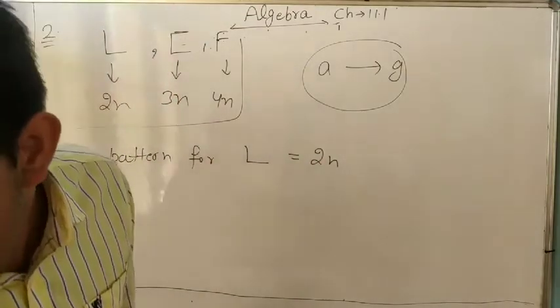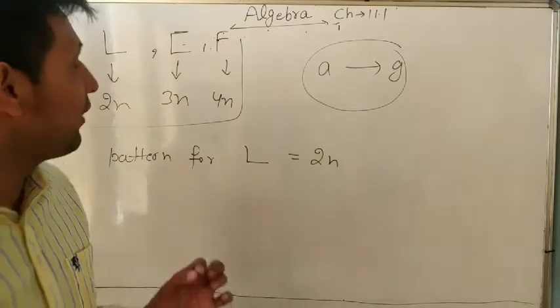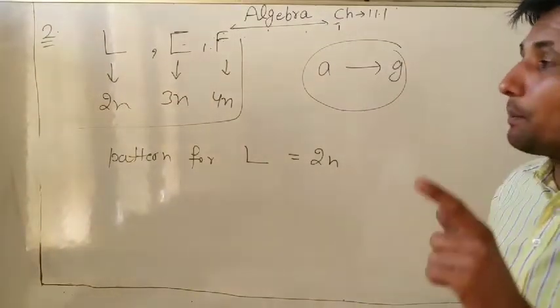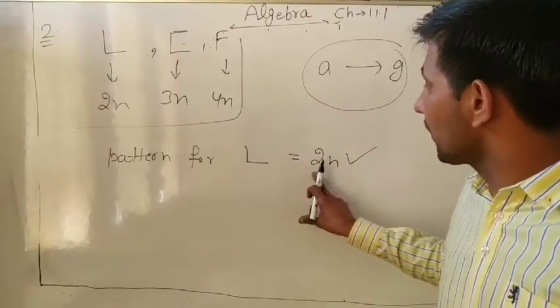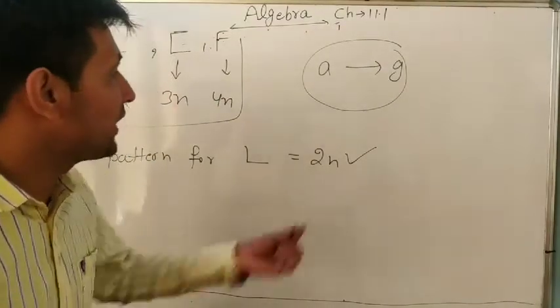We have to find from question number 1 which parts use the same pattern as L. What is the pattern of L? It is 2N. So now we observe which parts are also using 2N.